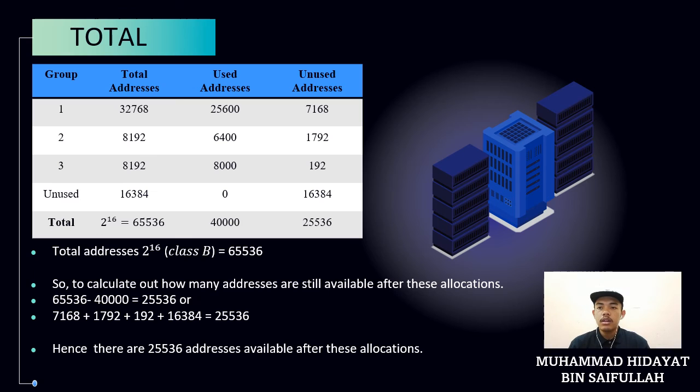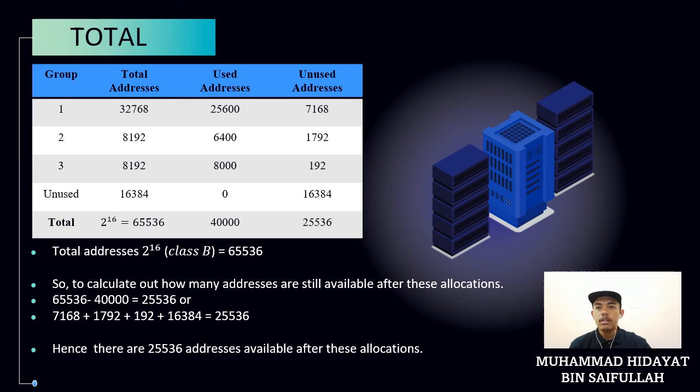So the total is 2 to the power of 16, equal to 65,536 total addresses. The used addresses are 40,000, and the unused addresses are 25,536. The total addresses, 2 to the power of 16 in class B, equal 65,536.